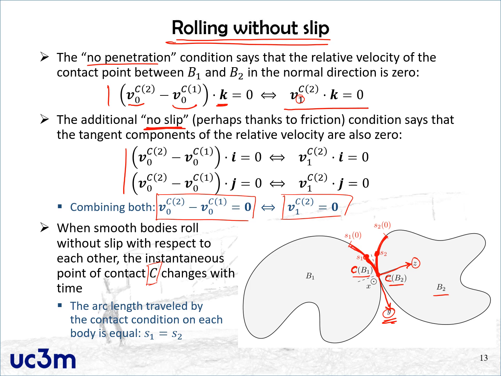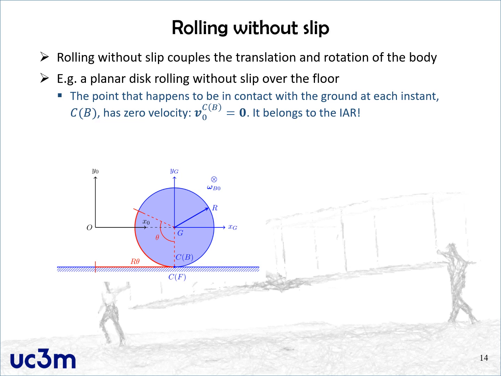This is expressed here with the condition that the arc lengths S1 and S2 on the drawing are equal. Rolling without slip is an important constraint because it appears in many applied problems of engineering, also in aerospace engineering. It is interesting to see that it couples together the translation of the body with its rotation.